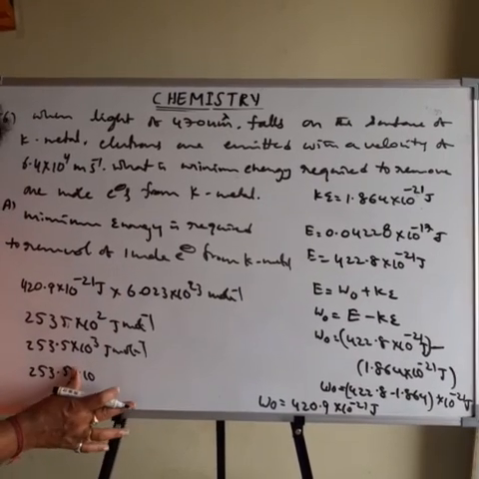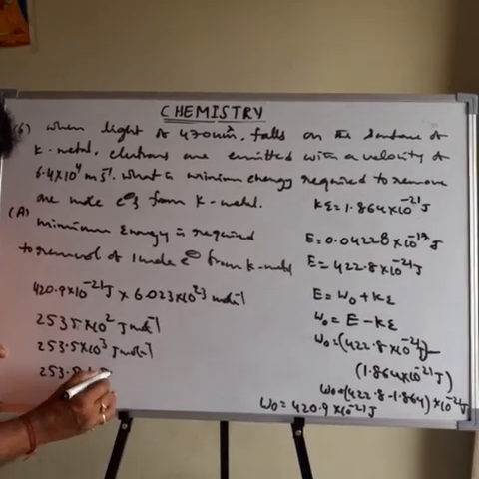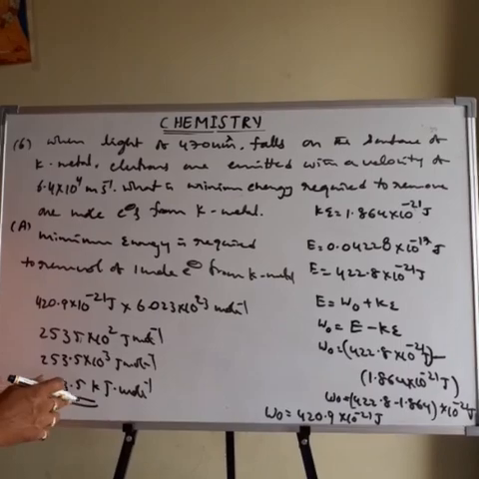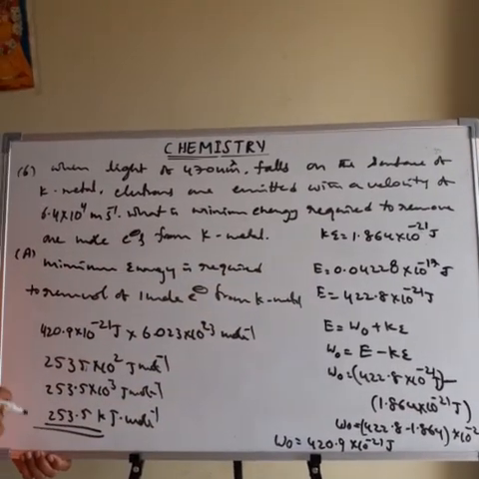So 253.5 kilojoule per mole. This much amount of energy is required to remove 1 mole of electrons from the potassium metal. So this is about the problem.